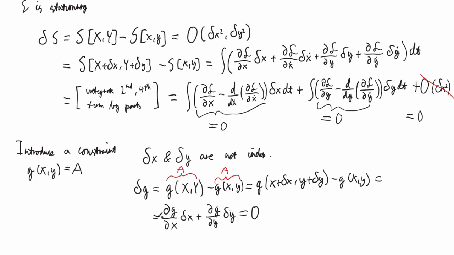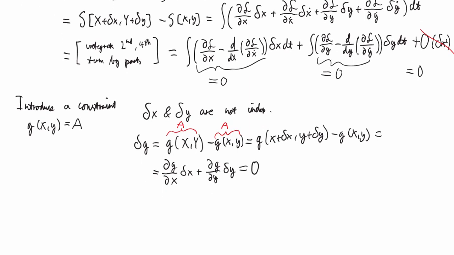This means that we can use this. We can take this quantity and multiply it by some function lambda of t, and then just add it up here. It's not going to change anything because the delta g is 0 anyway. So we're going to now write down that delta S is delta S plus some lambda of t times delta g.